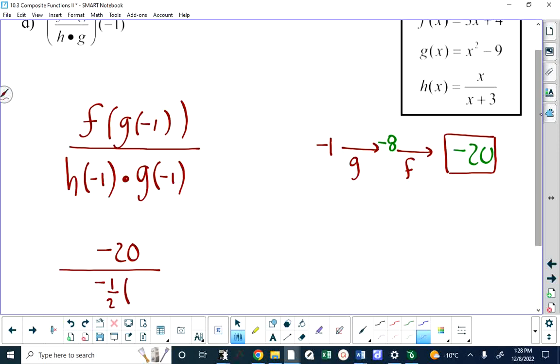Multiplied by, I put negative 1 in g and get, well, negative 8. Correct on both accounts on the bottom? Good. Negative times negative on the bottom cancels. 8 times 1/2 is 4. 20 over 4 is 5, so it's negative 5 because of that negative on the top.